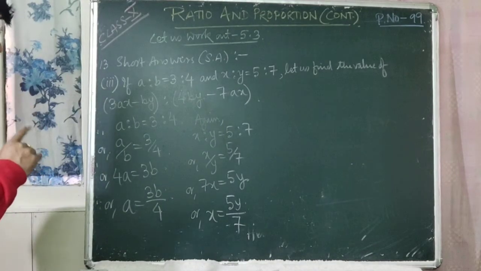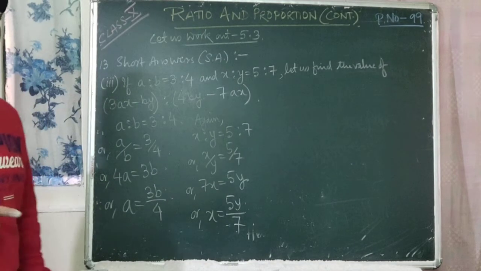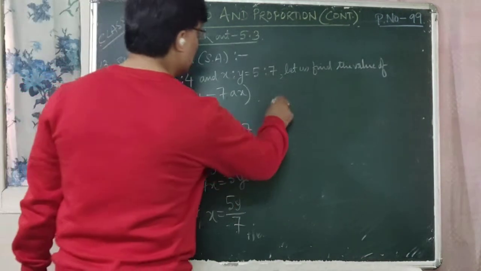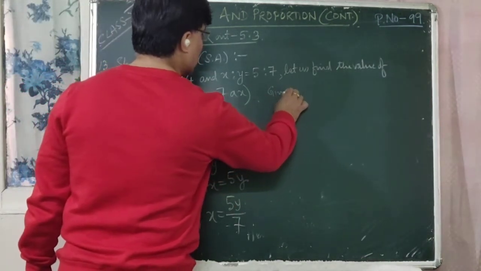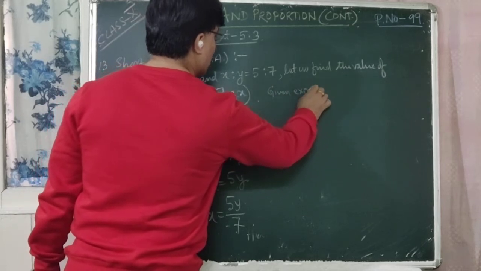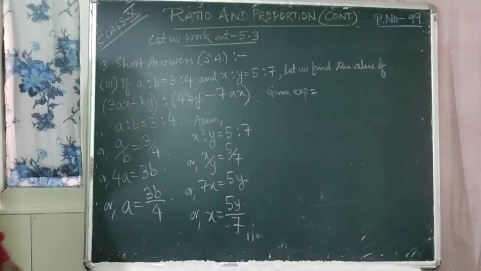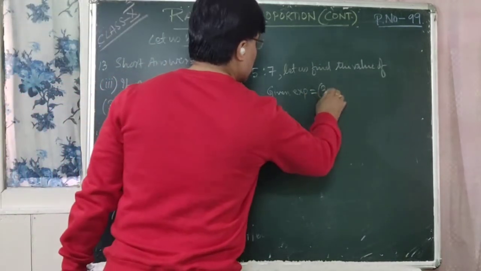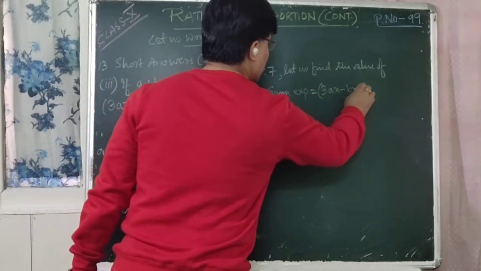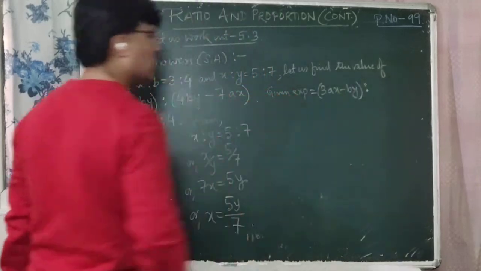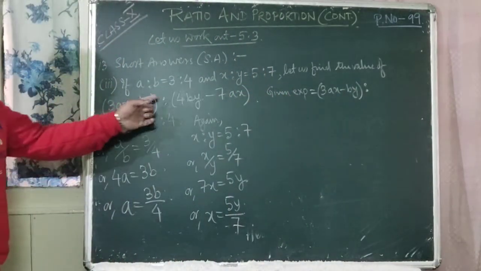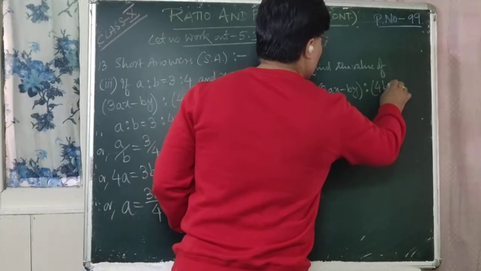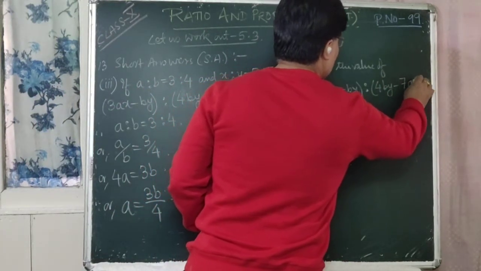So let us put these values of a and x in the given expression to find out the value of the given ratio. So what is the given expression out here? It is 3ax minus by is to 4by minus 7ax.